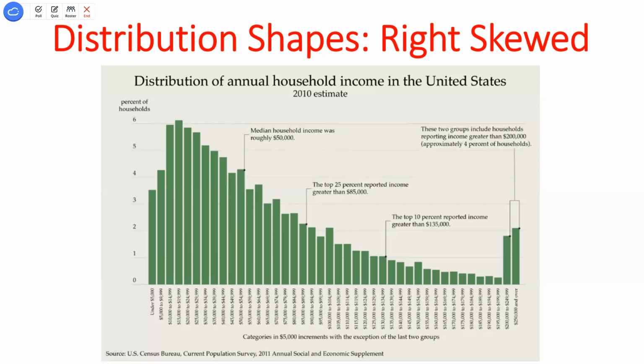So if we saw something like this, where the majority of our observations are over here on the left side, but we get this long right tail, we would call this a right skewed distribution, right? Anytime we have a long right tail, if we were to map out the tops of our frequencies, we would call this a right skewed distribution. Now, there's a better reason why we're calling it right skewed, and I think we'll probably have to hold off until Monday to really get at that. But for right now, just know if you see a long right tail, it's a right skewed distribution.